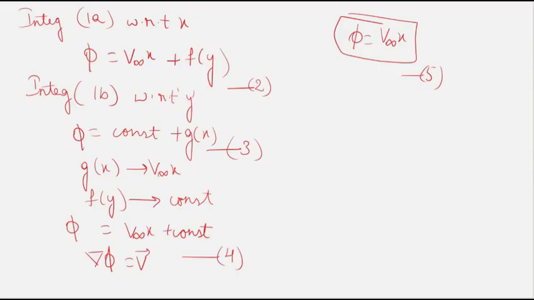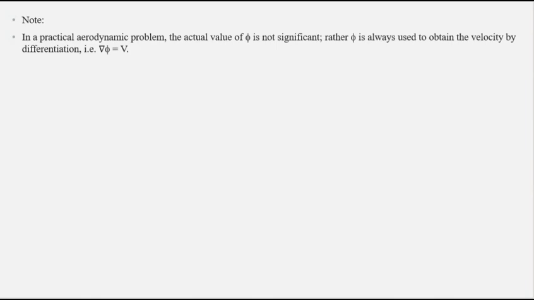We have not assumed anywhere over here that my flow is incompressible. It is irrespective of that. So it applies to any uniform flow, either compressible or incompressible. As I said, in practical aerodynamic problems, the actual value of phi is not significant. Phi is always used to obtain the velocity by differentiation.